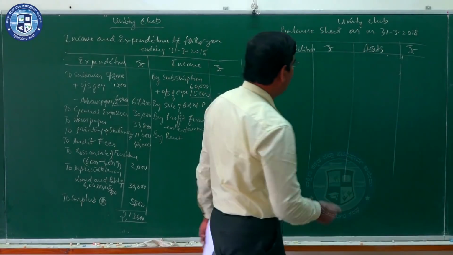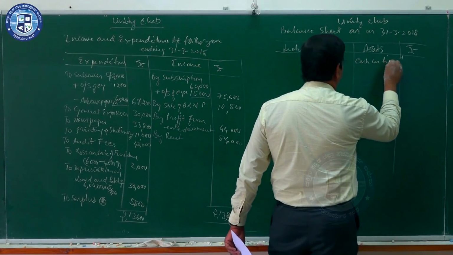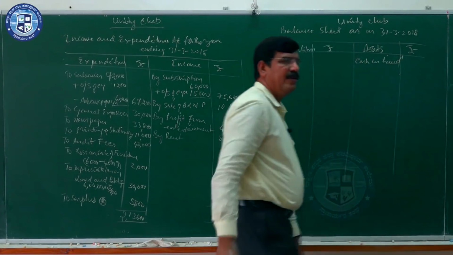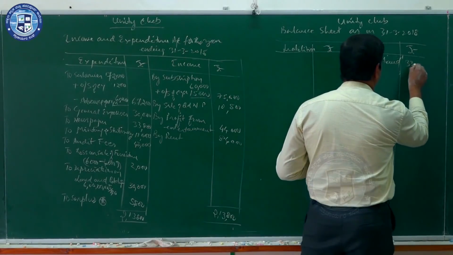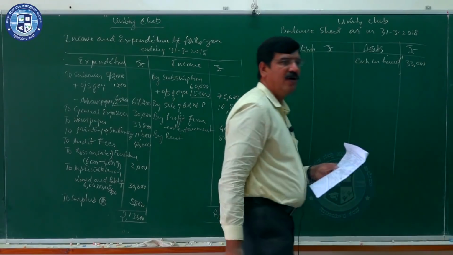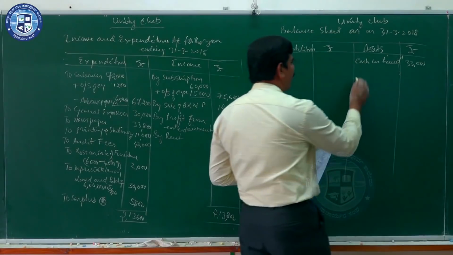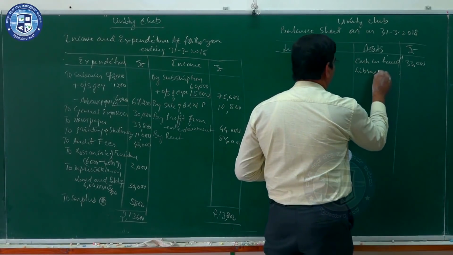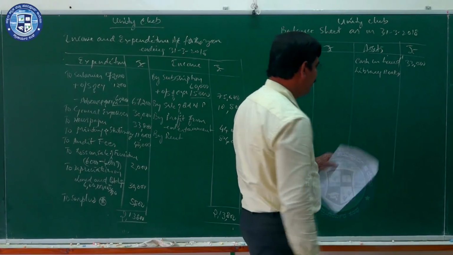The first item in balance sheet is cash in hand. It is given in the recent payments account as by balance carried down 33,000. Okay, it's over. Now look at the opening balance sheet. Library books are there. The amount of library books is 30,000.